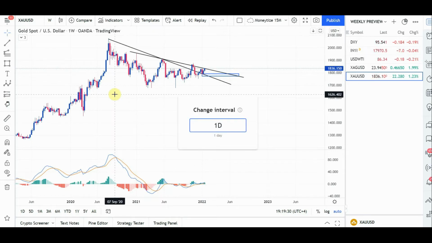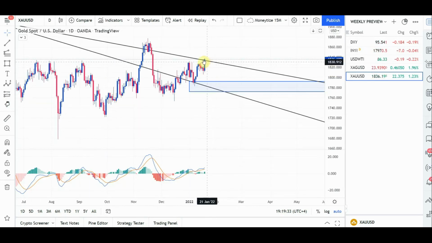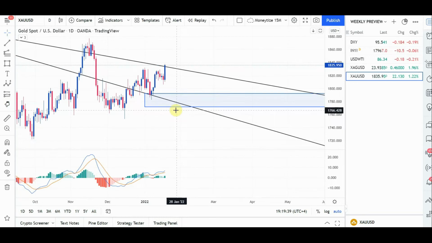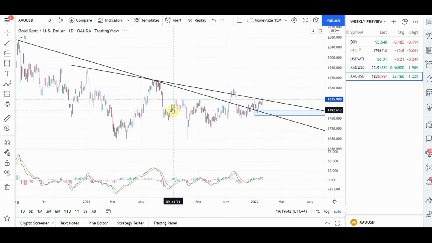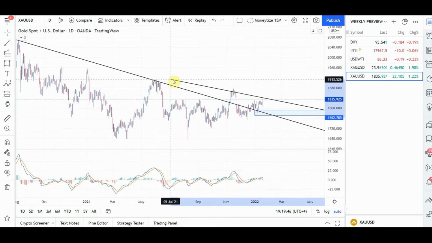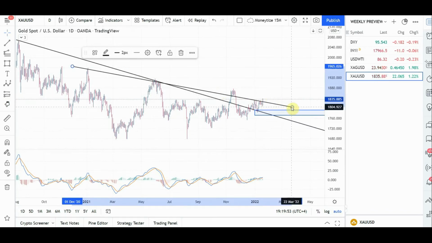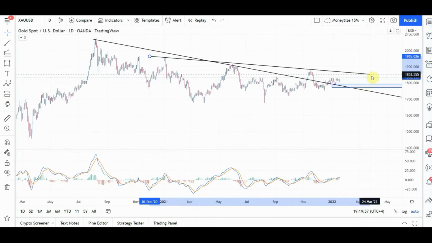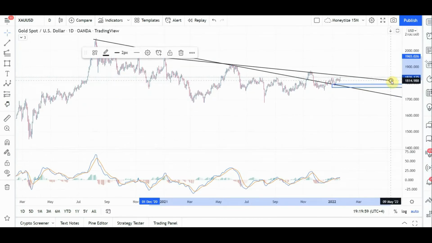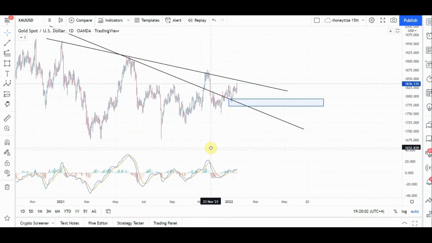Let's check on daily. So it has already reached this area. It's exactly on the falling trend line, and there are various falling trend lines, the alternative ones. If we connect these two high points, it's still below.